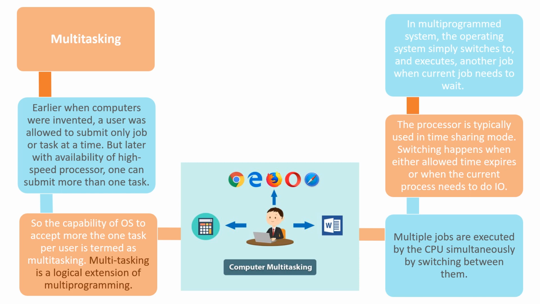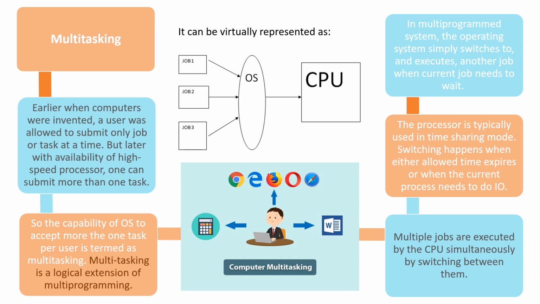So this is the difference between multiprogramming and multitasking, and it is virtually represented like this: the OS schedules the jobs according to the time sharing mode, which is done in multitasking.